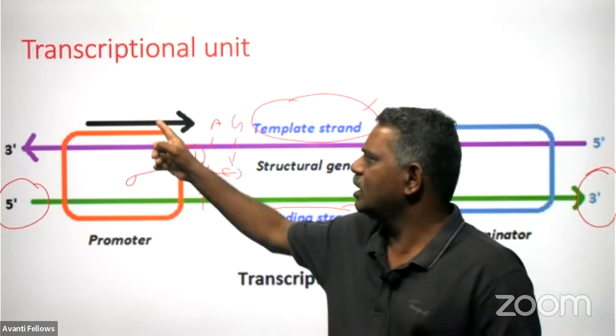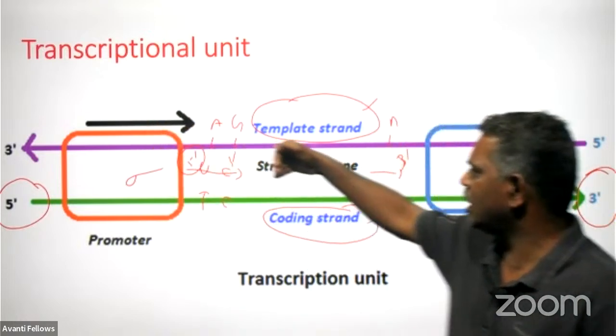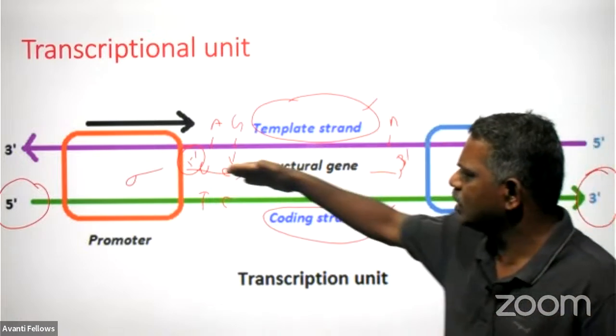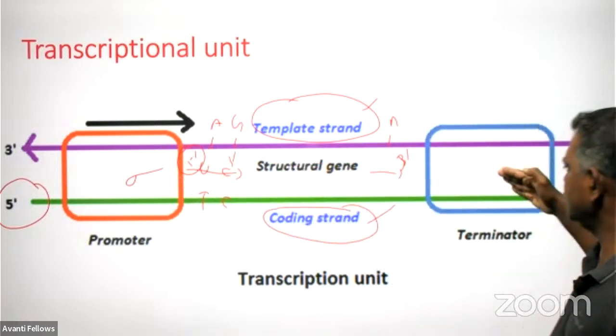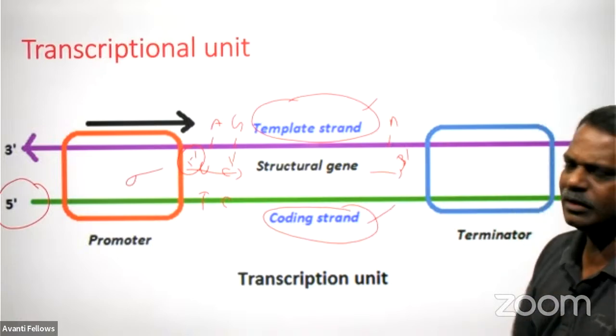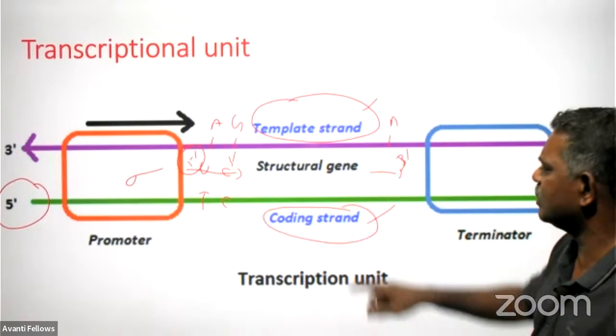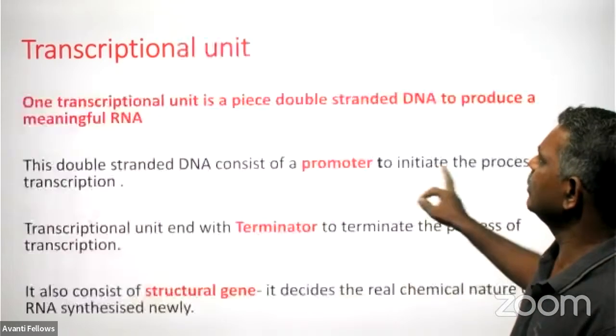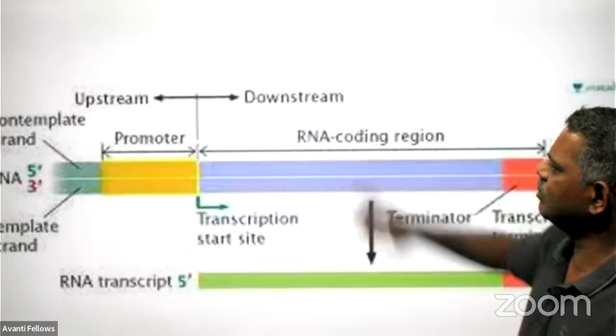See the arrow, this arrow indicates the elongation of the new strand in between these two, from the promoter to the terminator only. And this unit only we call the transcriptional unit, right? Here we can see that transcriptional unit.